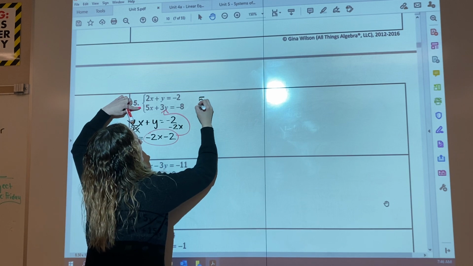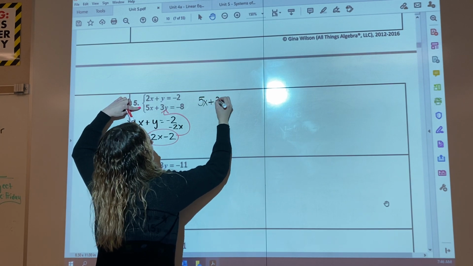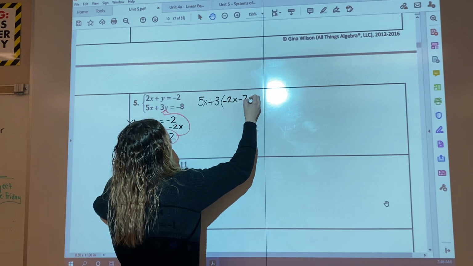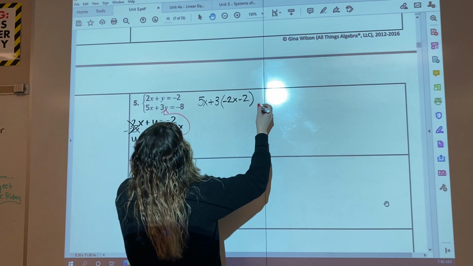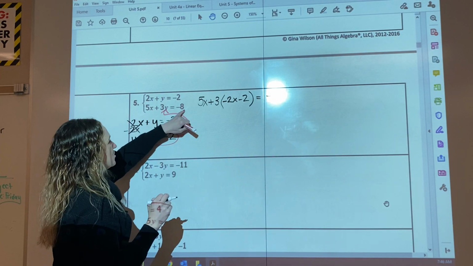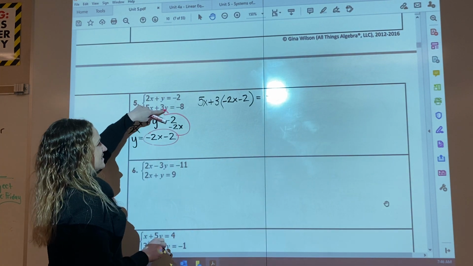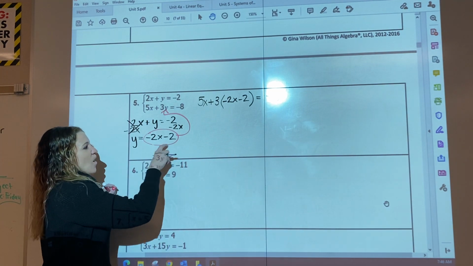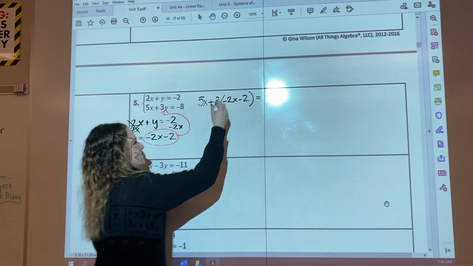So we have 5x plus 3 times negative 2x minus 2 equals negative 8. So I rewrote this whole equation, except when I got to the y, I substituted what y equaled. So now let's distribute.